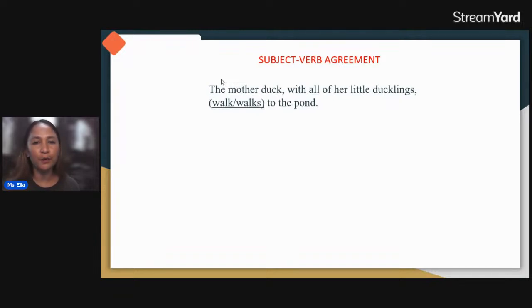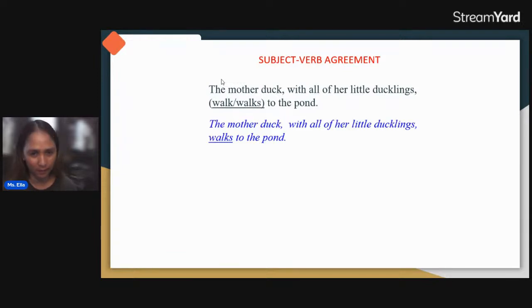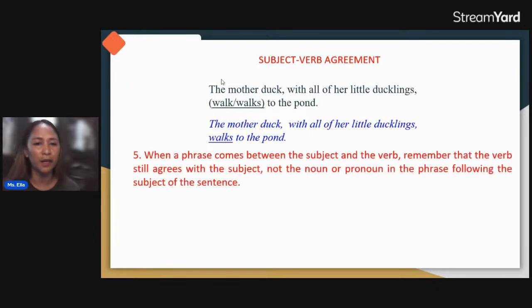Okay, so the correct verb to use is walks. Why walks when the subject is probably plural? We have here mother duck, and we also have her little ducklings. So here's the reason why.